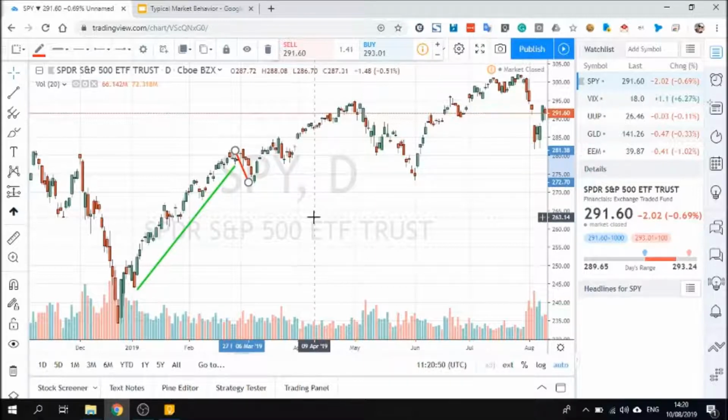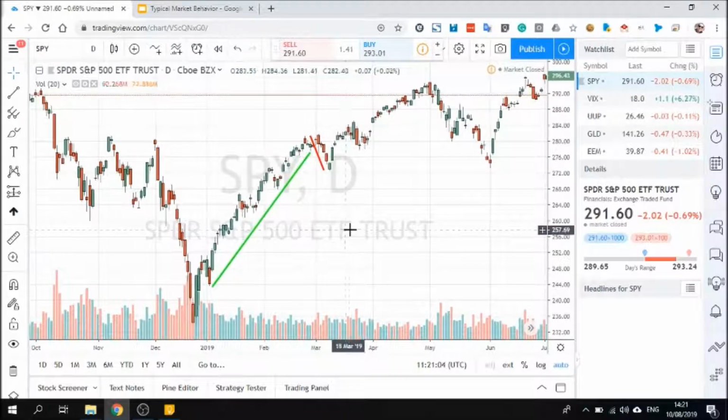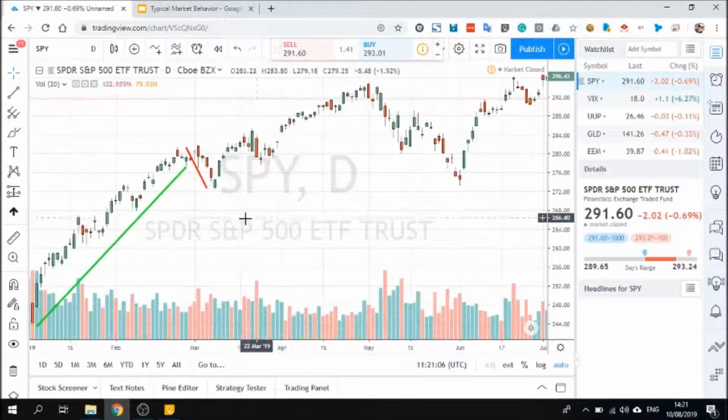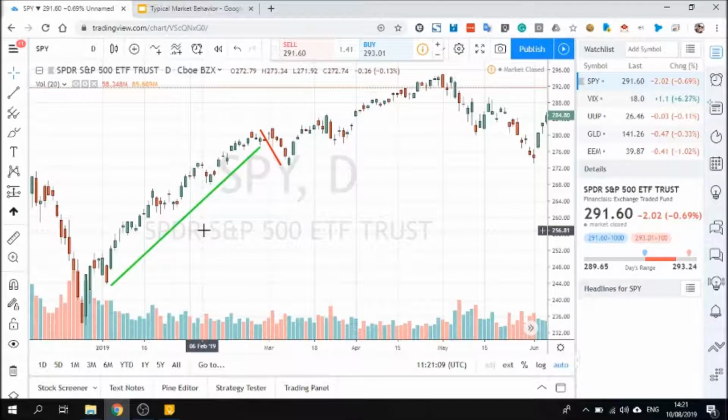We can all see that typical market behavior really is a series of up moves and then a smaller series of down moves. Like if you can see here, let's just zoom in on the up move that started in 2019.